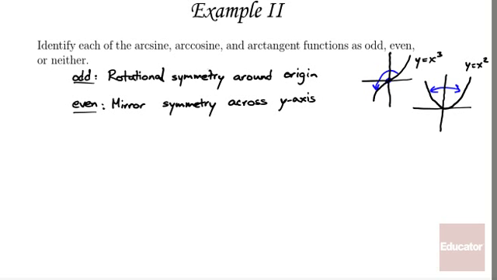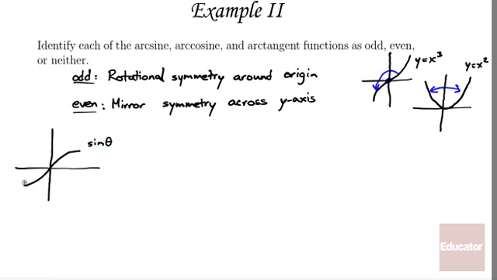And now let me draw the graphs of arcsine and arccosine and arctangent, and we'll just test them out. So arcsine, remember you take a piece of the sine graph. There's sine x, or sine theta. Arcsine, I'll draw this one in blue.